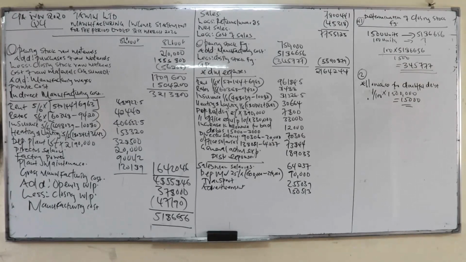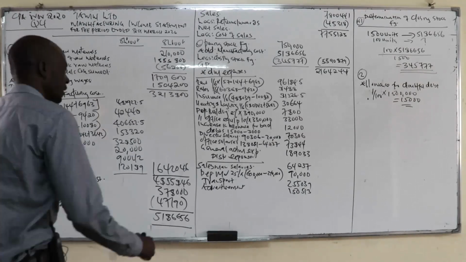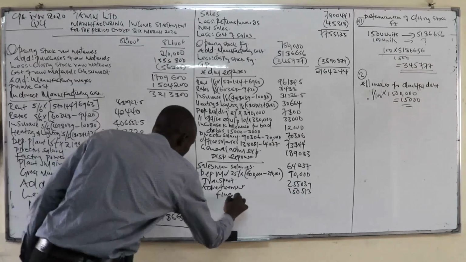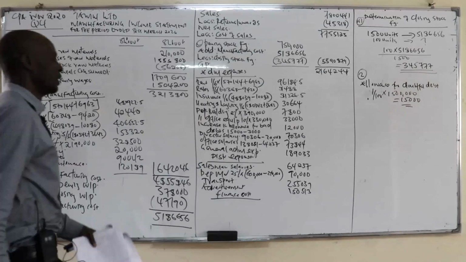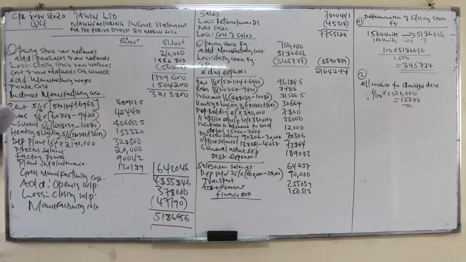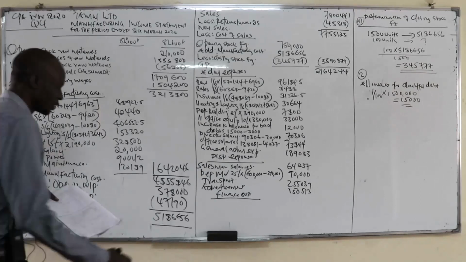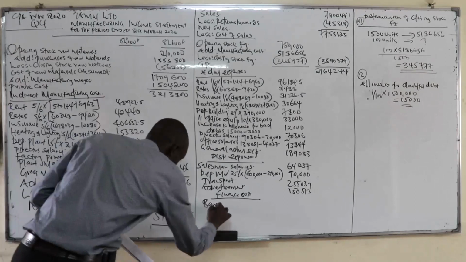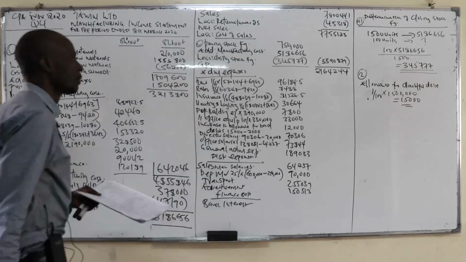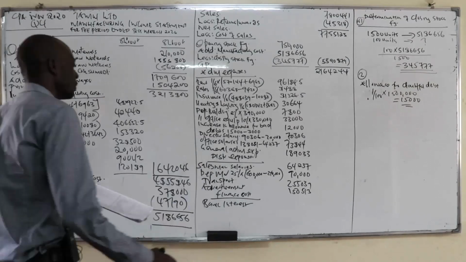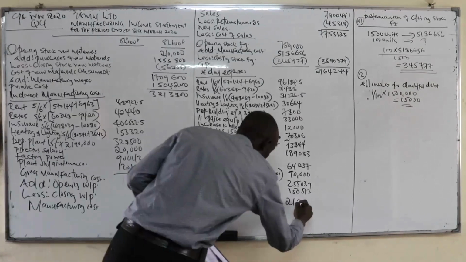And then here we list finance expenses. Finance costs or expenses. What is there under finance expenses? There is bank interest. How much is the bank interest? 21 to 10.